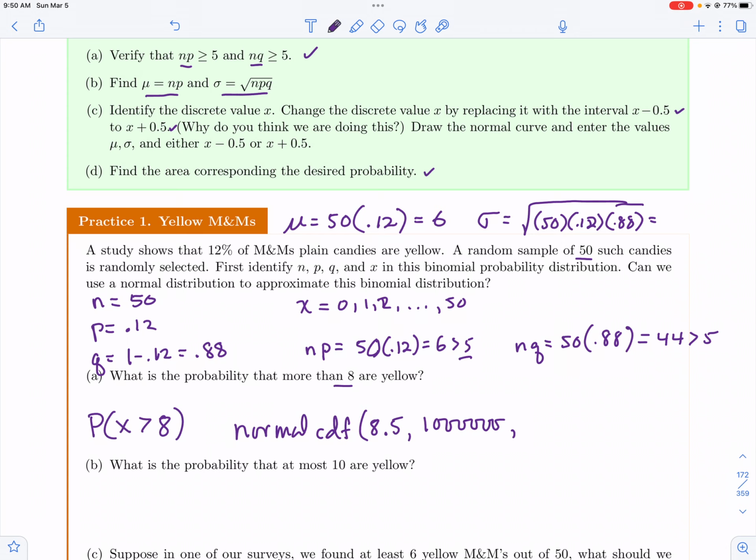If I throw that in the calculator real quick, 50 times 0.88 times 0.12, it looks like we get 0.75 for our standard deviation.